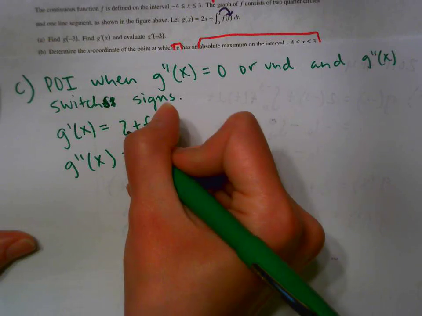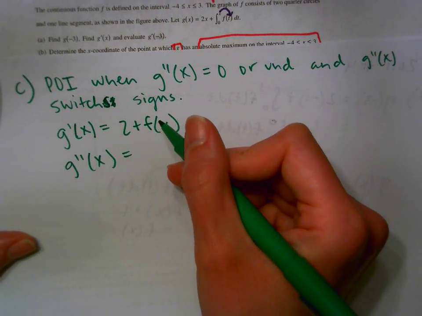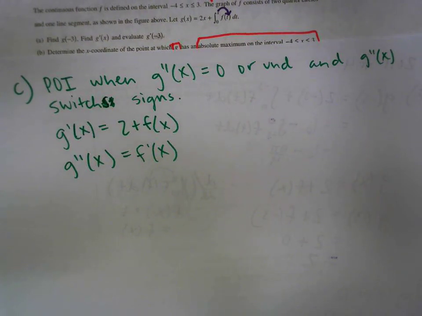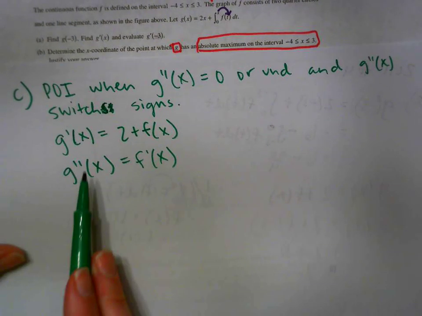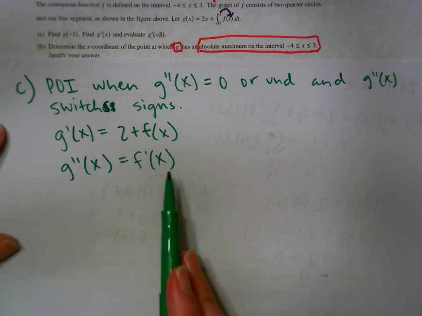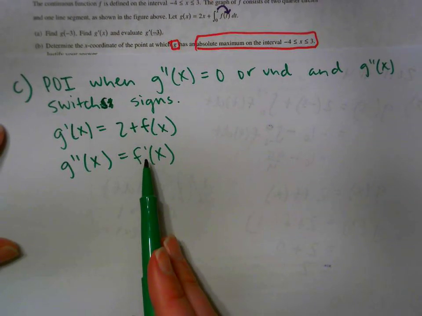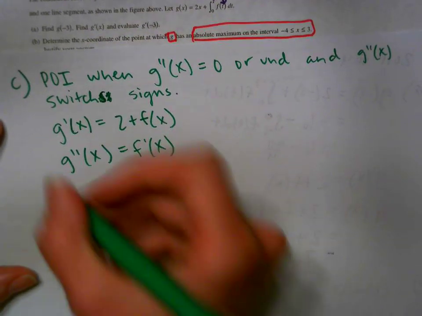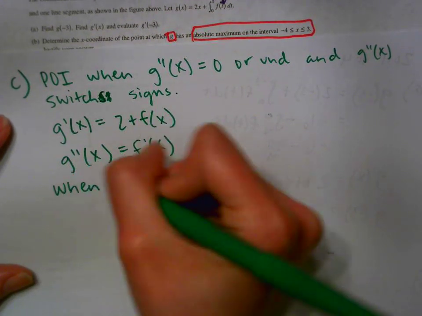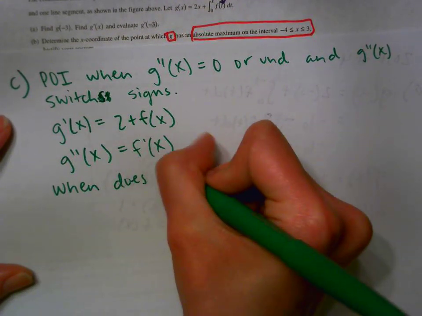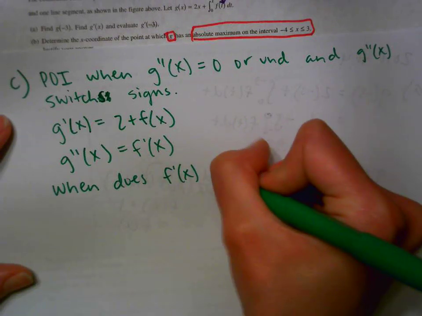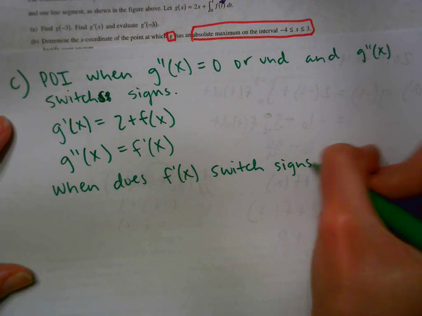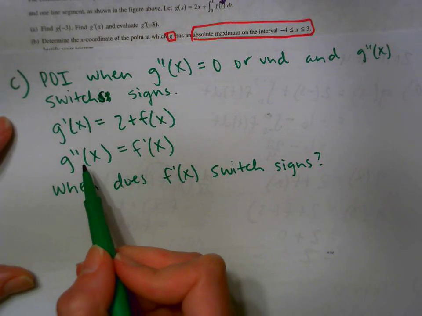The derivative of a constant is 0, so then the derivative of f is f prime. So what we ultimately want to know is, when does g double prime switch, which is the same thing as when does f prime switch signs. So we're asking ourselves, when does f prime of x switch signs, because that's going to be the same thing as g double prime switching signs.